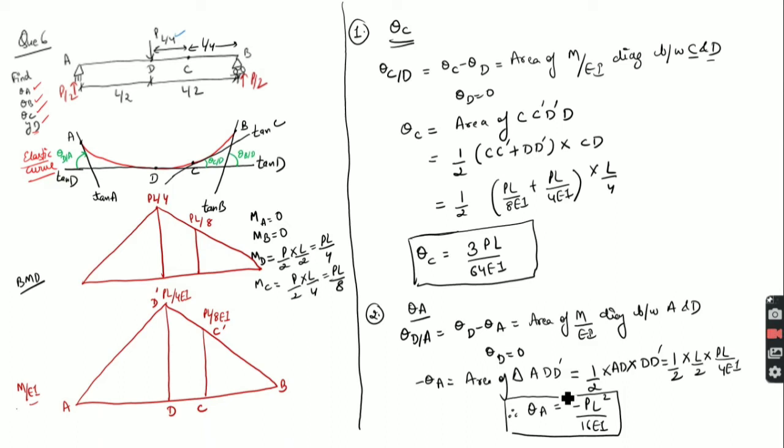Now similarly we can calculate theta B. So theta BD, that is theta B minus theta D, is the area of M by EI diagram between B and D. So again theta D will be 0, so we will be left with theta B. Look at this triangle between B and D, we have this triangle BDD dash.